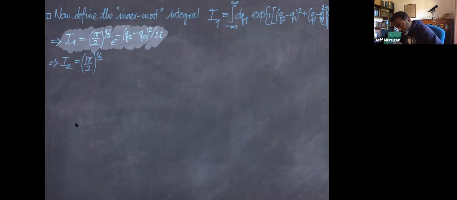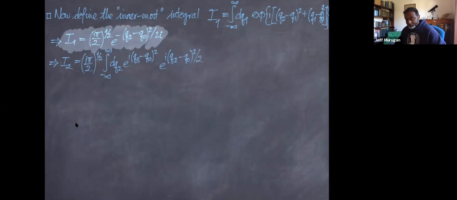Integral from minus infinity to infinity of dQ2 e to the i (Q3 minus Q2) squared times e to the i (Q2 minus Q naught) squared over 2. Again, this is nothing but a Gaussian in Q2.